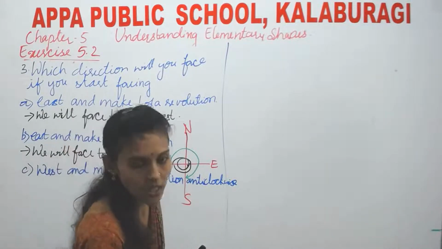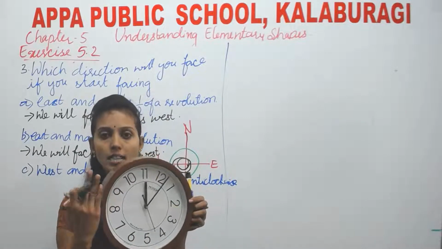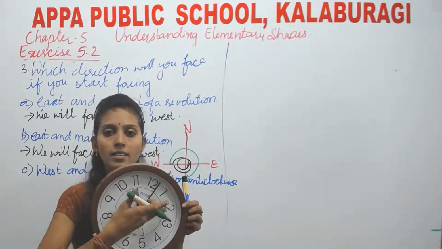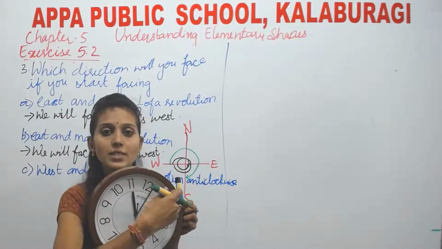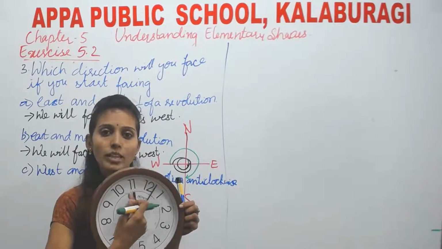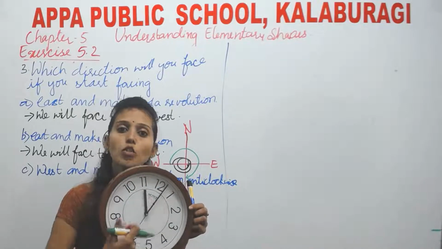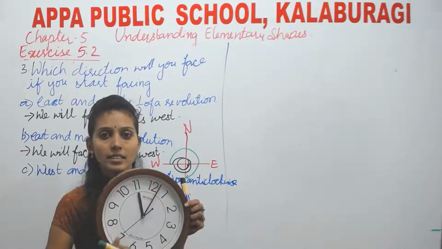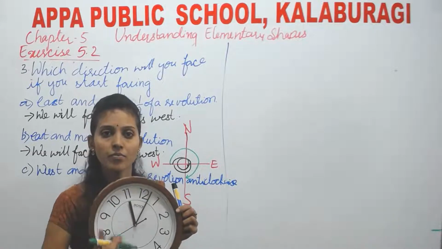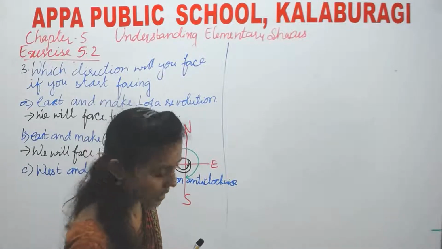See, clockwise, how the hand of a clock starts to move. From here, like this it will move, right? Towards the right side. Anti-clockwise is in reverse, opposite of the clock. So we have to move in reverse, like this, towards left. Did you get it? Yes.